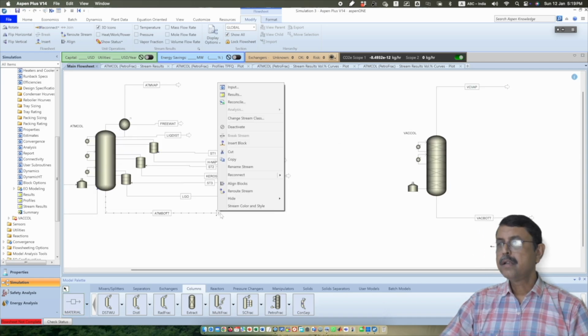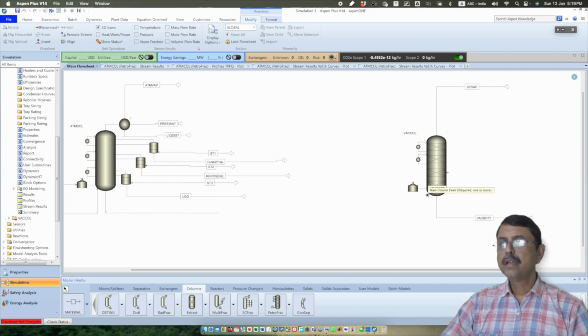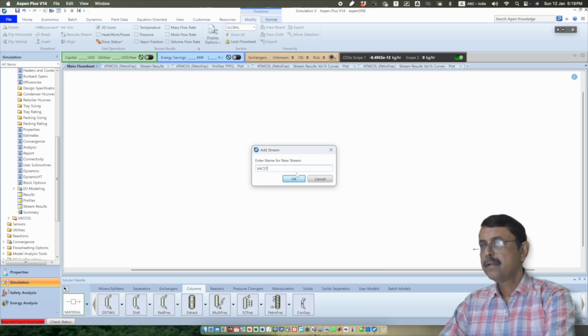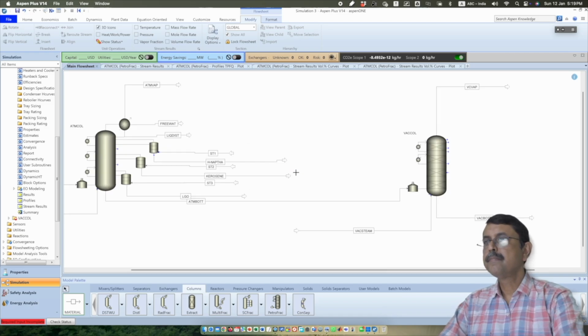This one we will connect it to the main feed, which will pass through the furnace. And we have another inlet that is about the steam. So we write vac steam.